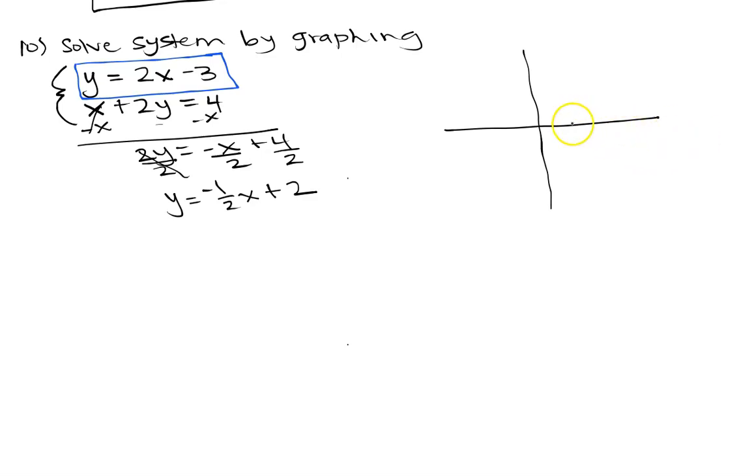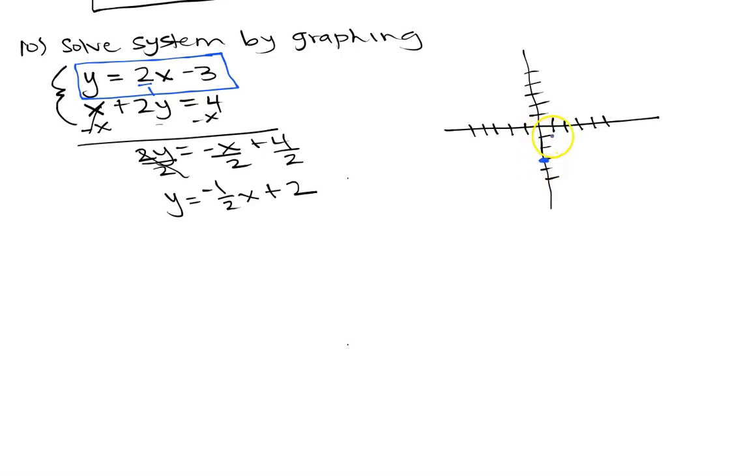Okay, so let me put my little markings. On the first one, I start with negative 3 because that's my y-intercept. So I'll have a point here, and then from there, my rise over run is 2 over 1.